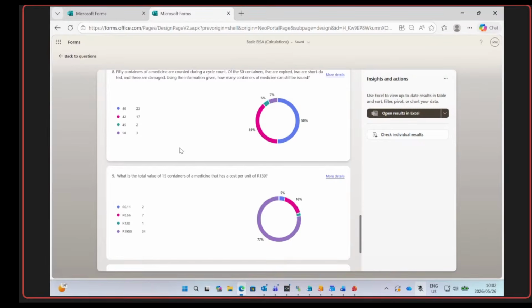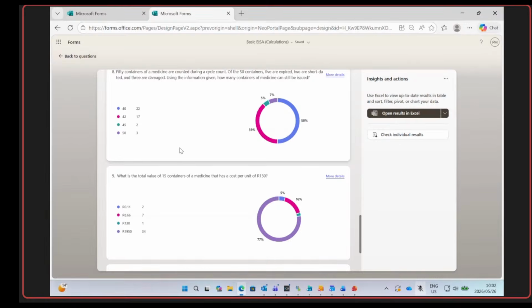Expired medicines cannot be issued. The short dated medicines can still be issued, and the damaged containers cannot be issued. So of those, which are non-issuable? The 5 expired and the 3 damaged cannot be issued. So that gives us a total of 8 containers of the 50 that cannot be issued.